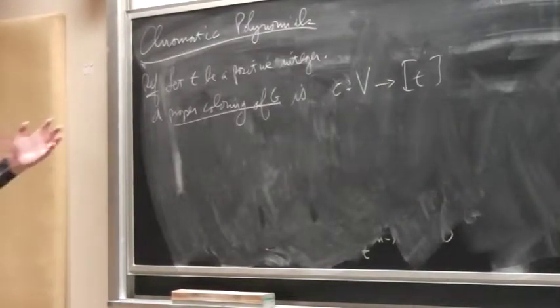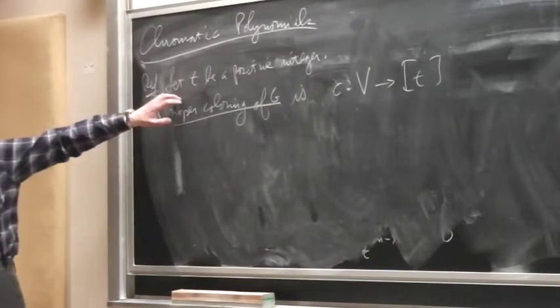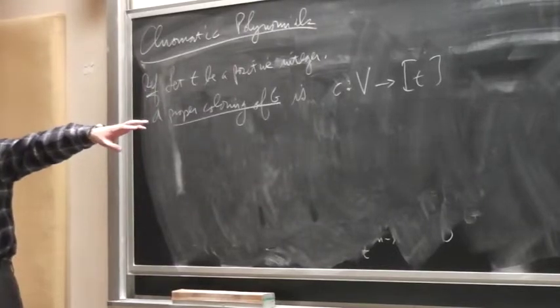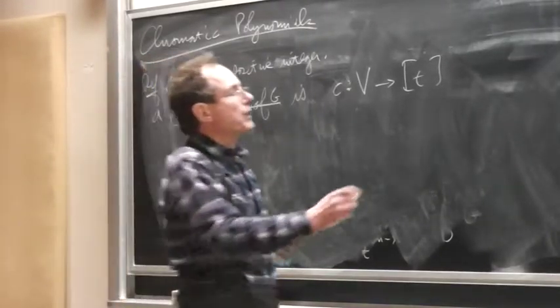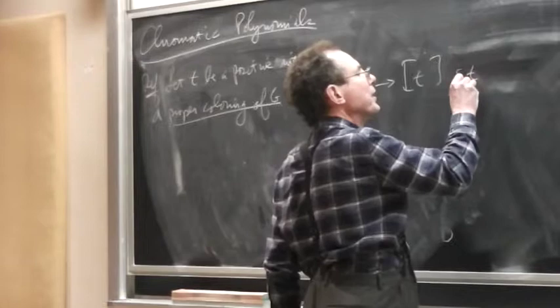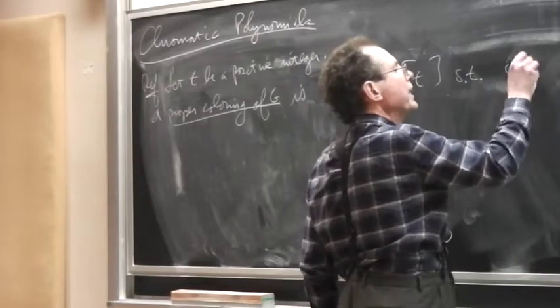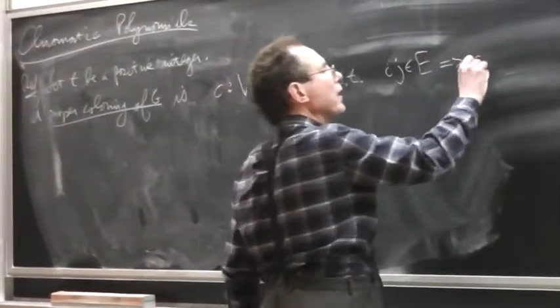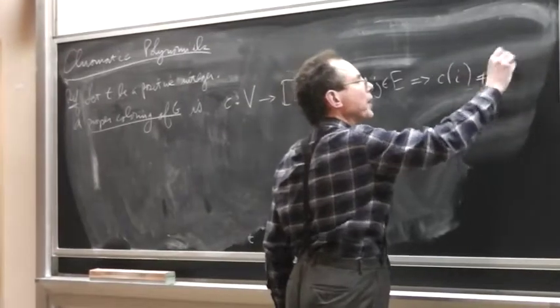And this makes sense now because I'm thinking of t as a positive integer. So that's just the integers from 1 to t. And of course, the important thing for it to be proper is that if I have an edge, the colors of its endpoints should not be the same.